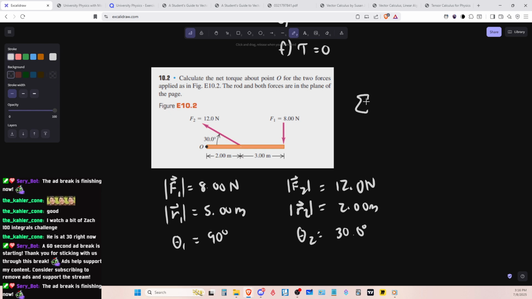So let's put the summation of the torque, so let's make it so that F2 R2 sine of theta 2 minus F1 R1 sine of theta 1, because one is pointing down and the other one's going up.